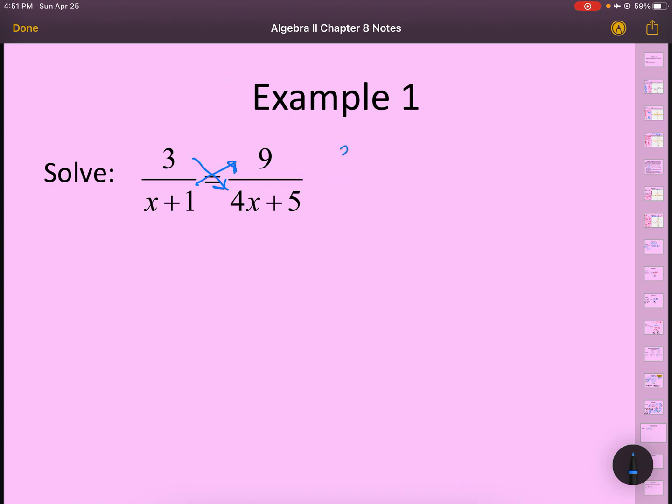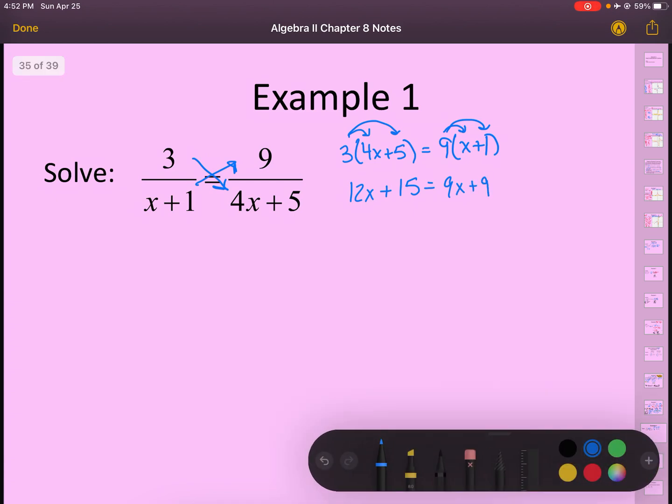So this is going to be 3 times 4x plus 5 equals 9 times x plus 1. And if we distribute on both sides and solve, I got 12x plus 15 equals 9x plus 9.